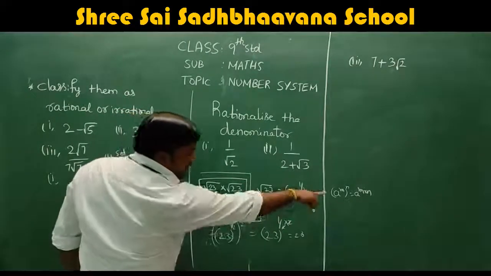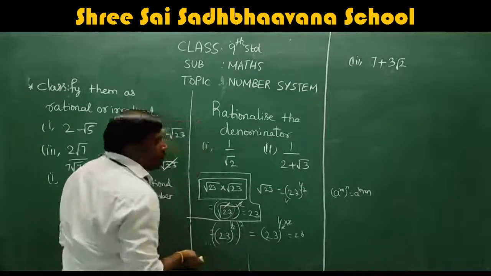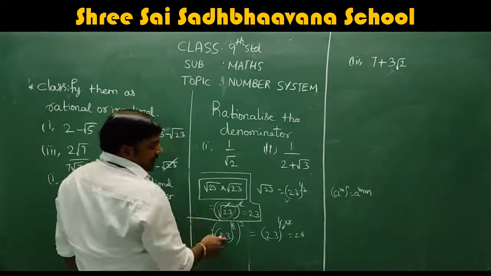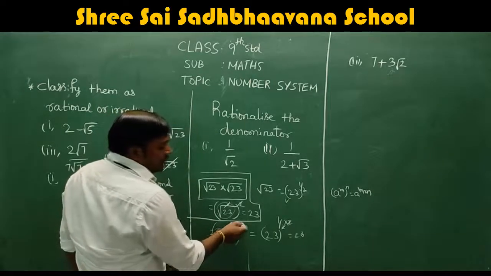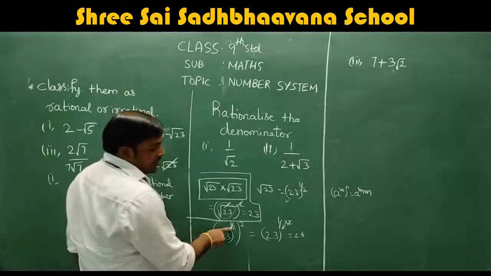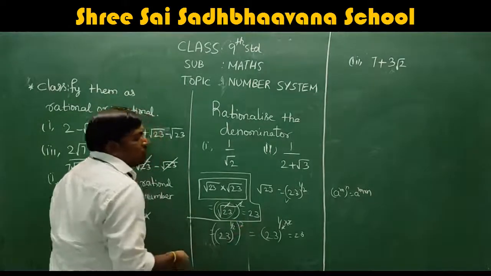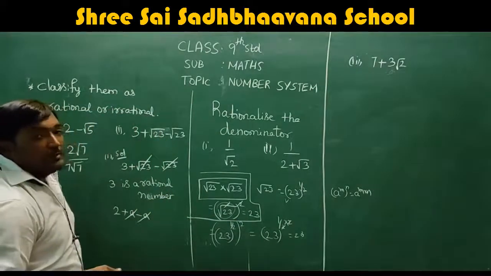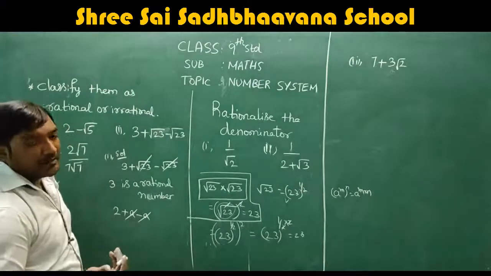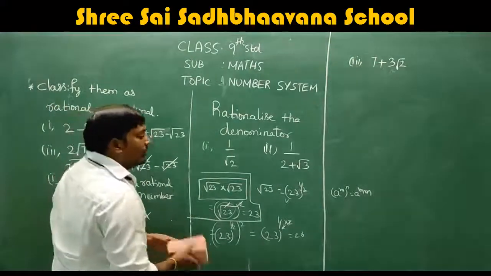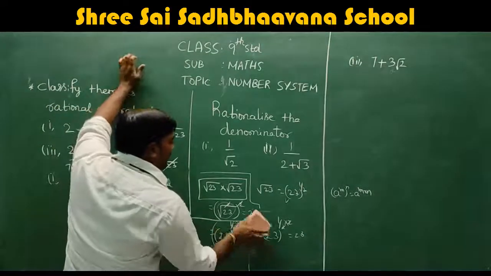So we have a formula, a power m whole power n is equal to a power m into n. That's the reason for 23 power 1 by 2 into 2. This 2 will get multiplied; this you take as m, this you take as n. So 1 by 2 into 2. The 2s will get cancelled. You will be left with 23 power 1, which is 23. That is how you got the answer 23.